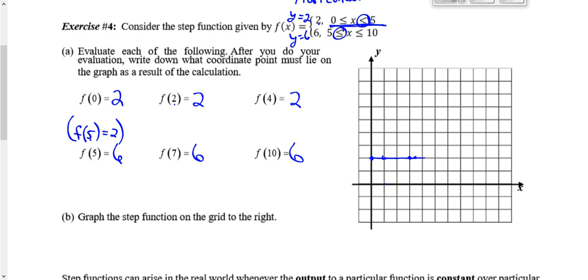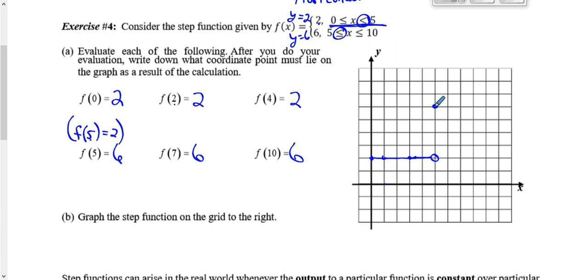So now it's 5, 1, 2, 3, 4, 5, 6. There we go. Wait, so the open circle has to go over one then? Say that again? Yeah, I was looking at it at an angle here. I just miscounted my grids, that's all.